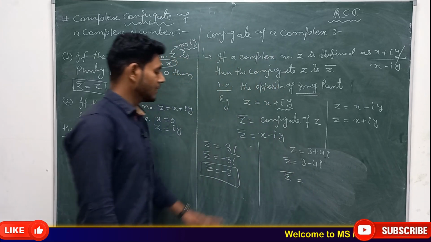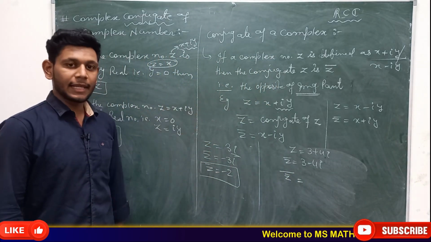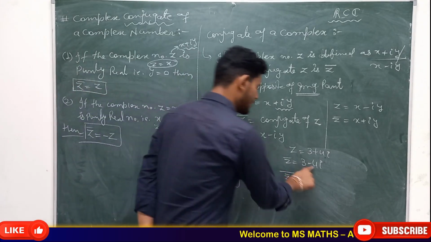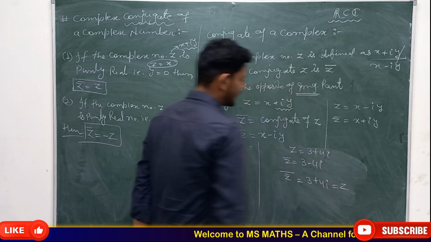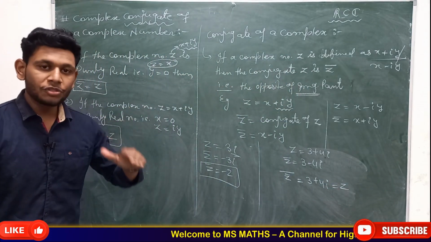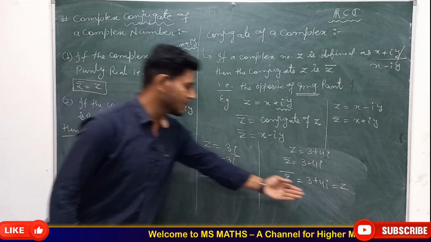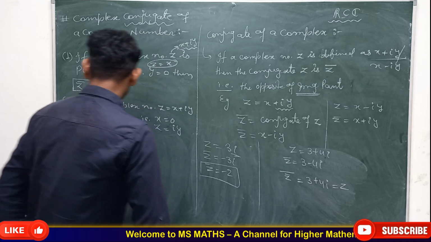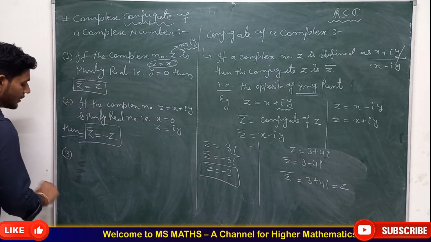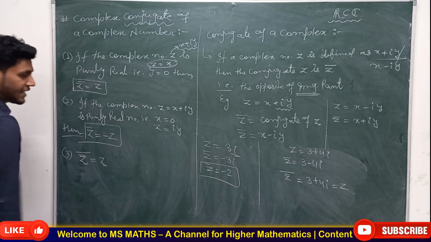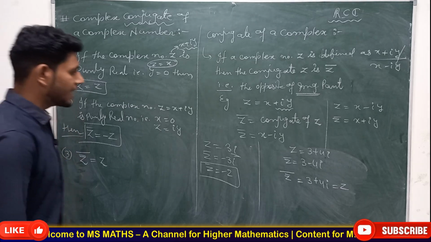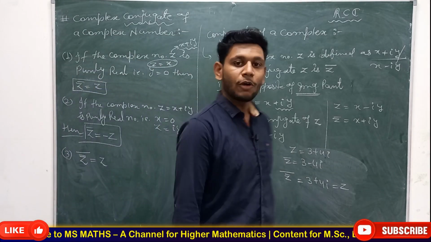Are you getting? मैंने conjugate का conjugate निकाला है, तो वो क्या होगा? इसका वापस से sign change कर दो, तो 3 plus 4 iota है. What is this? z. Means that the conjugate of conjugate is nothing but that number, same. So the third property is the conjugate of conjugate is equal to z. So these are the three properties of the complex conjugate.